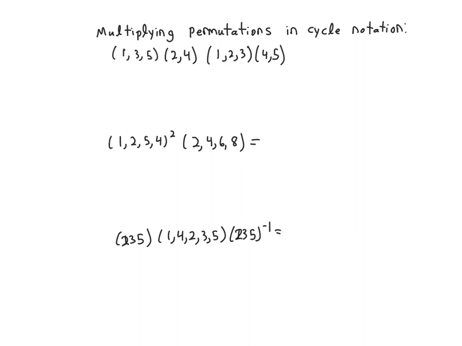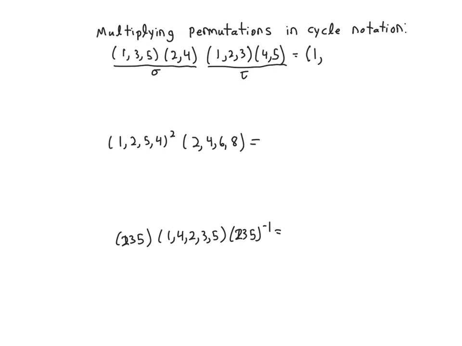Alright, now we're going to discuss how to multiply permutations in cycle notation. So suppose these are my two permutations, sigma and tau, and I want to multiply them together. And I want to get the result as a product of disjoint cycles. Well, what do I have to do? I have to figure out what the function does to 1, right?